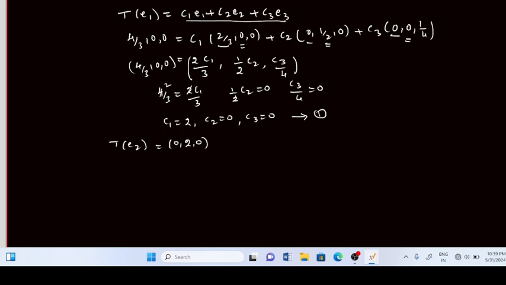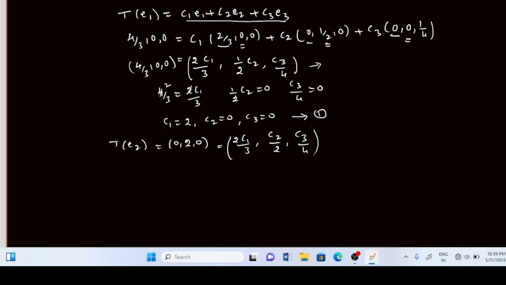Already we have written, so here we write this step straight away: 2C1/3, C2/2, C3/4.